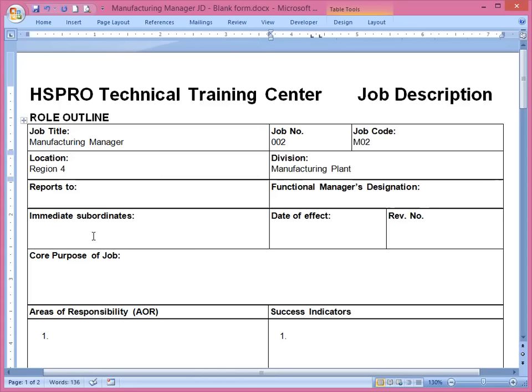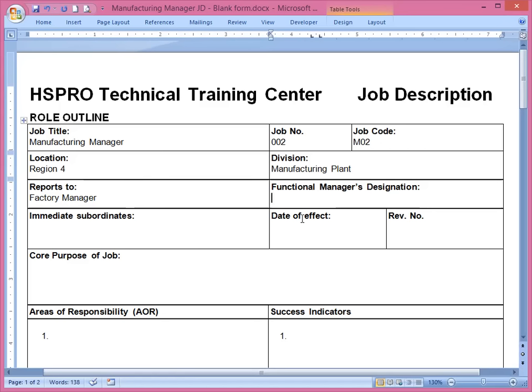And then his boss would be the factory manager. Okay. Higher in terms of grade. This manager is almost a GM in ranking, but GM is much higher than him. Okay.